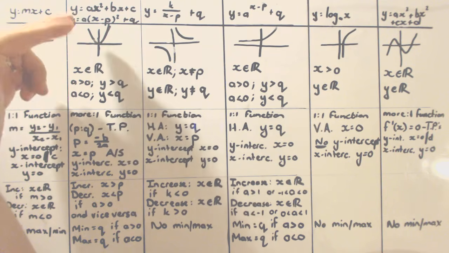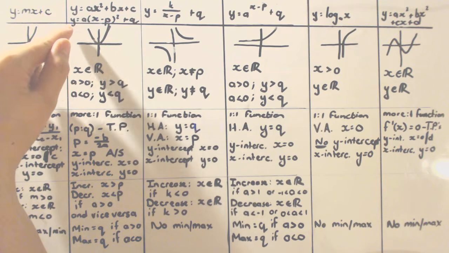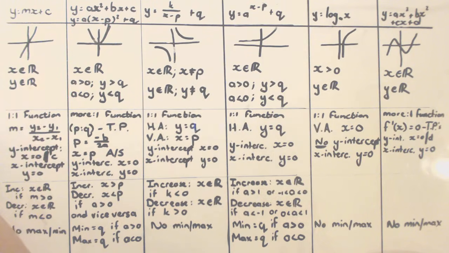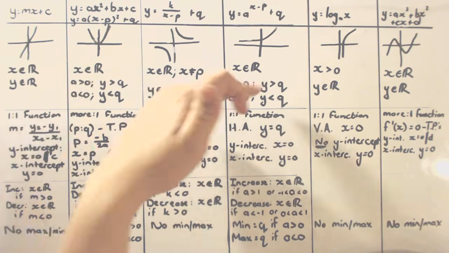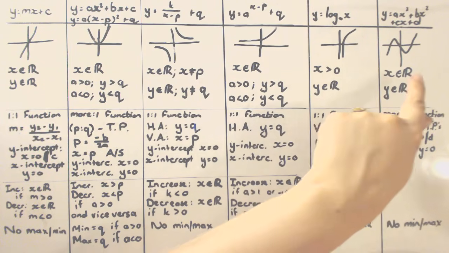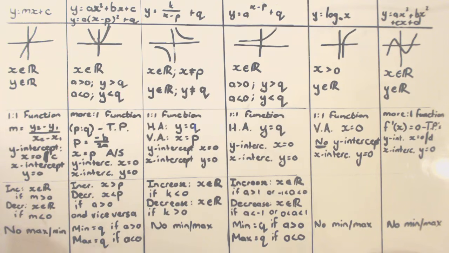Now both of these equations have their uses, but for the most part, having it in the turning point format really helps us a lot. Okay, so let's quickly look at, in general, the domain and range. If you struggle to find the domain and range, you can literally just take this down and study it.